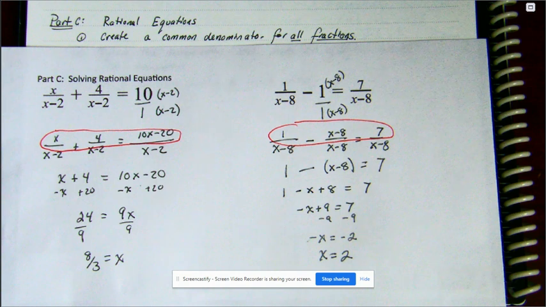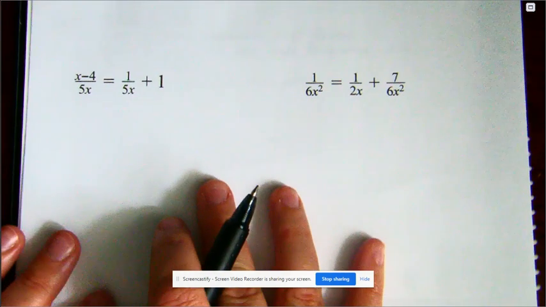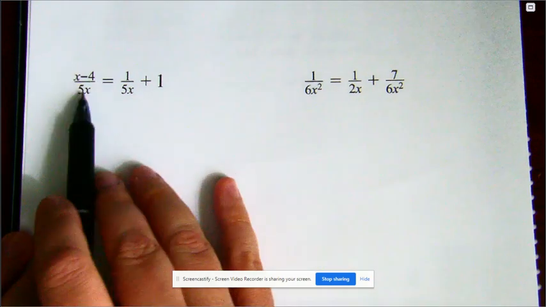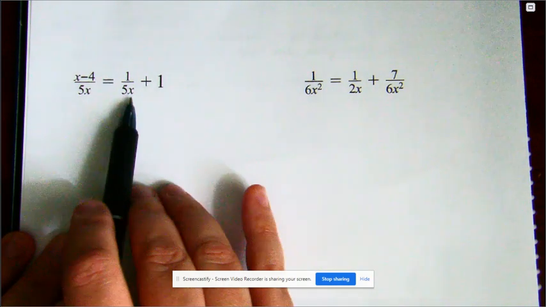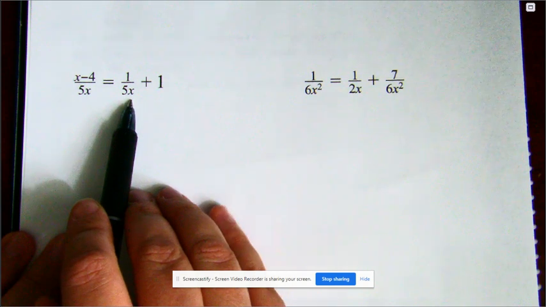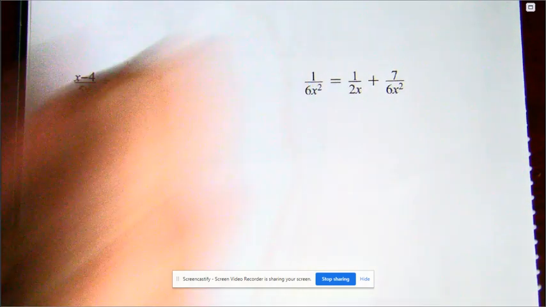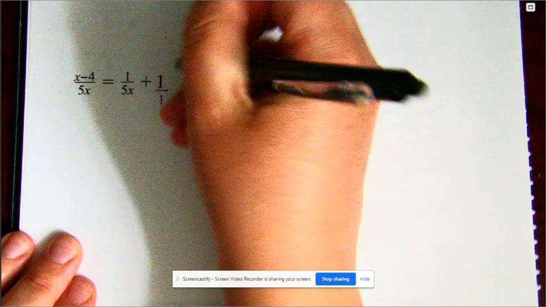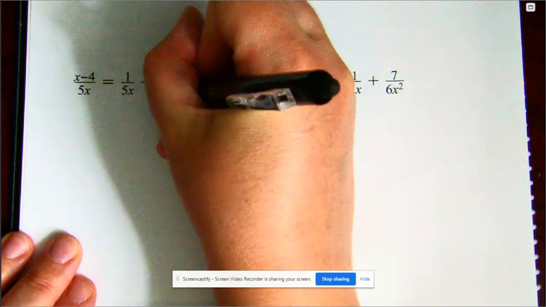Two more problems. Again, the very first step is to get a common denominator for everything. So I have a denominator of 5x, another denominator of 5x, so those are already the same. Over here, this is 1 over 1. So we're going to make sure that last fraction has a 5x as a denominator.